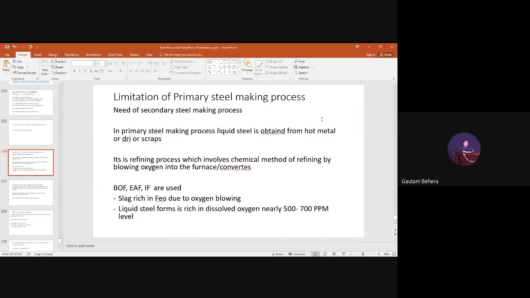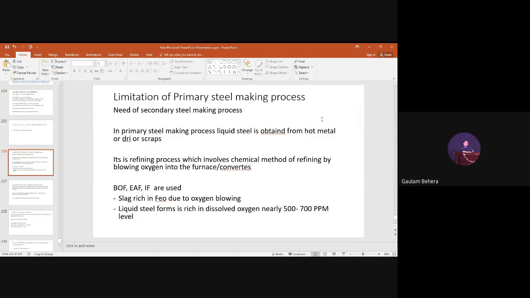So we have to remove these impurities, this carbon, silicon, phosphorus, manganese. If it is in a high amount, it should be removed as much as possible. This removal of impurities takes place in the primary steel making process.